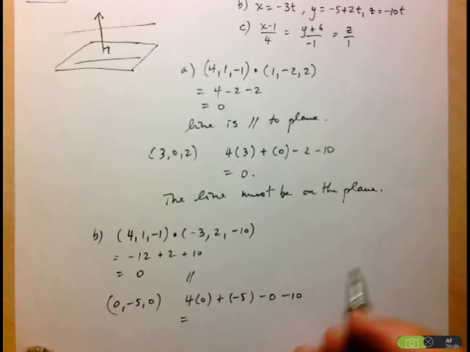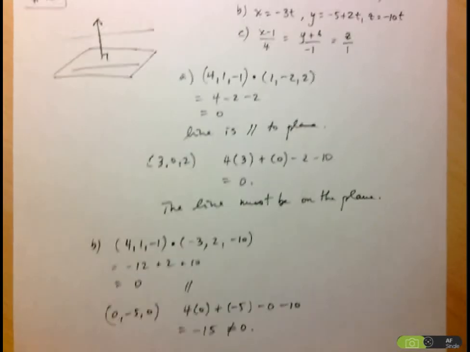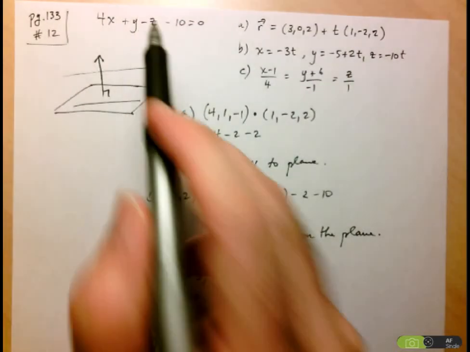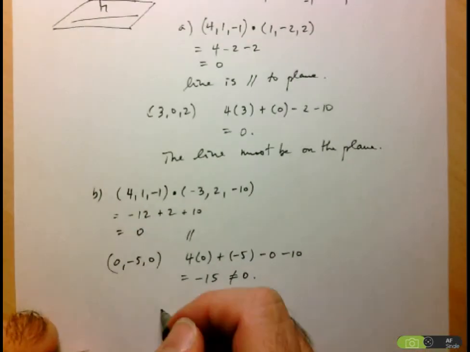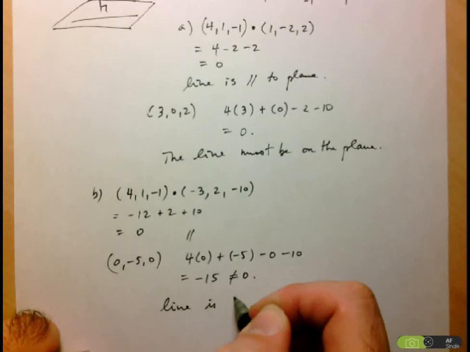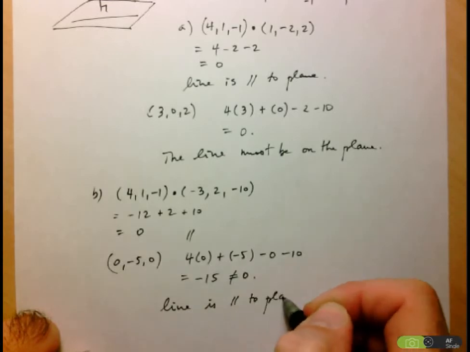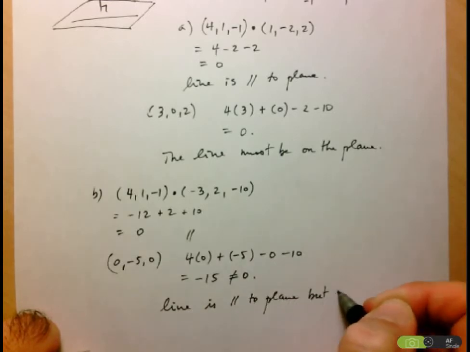And when we calculate that, what do we get? We get negative 5 minus 10 is negative 15, which is not equal to 0, meaning it does not satisfy the equation of the plane. So here, the line is parallel to the plane, but not on it.